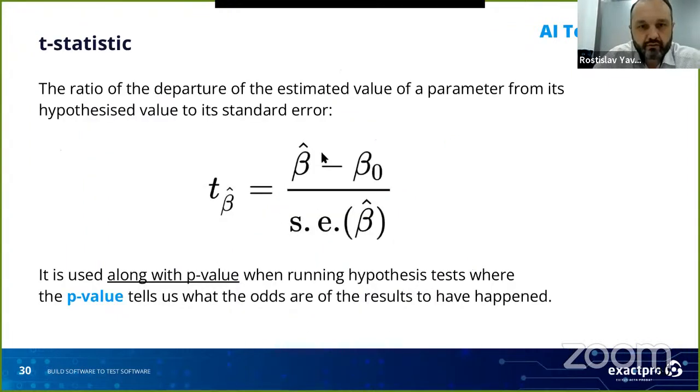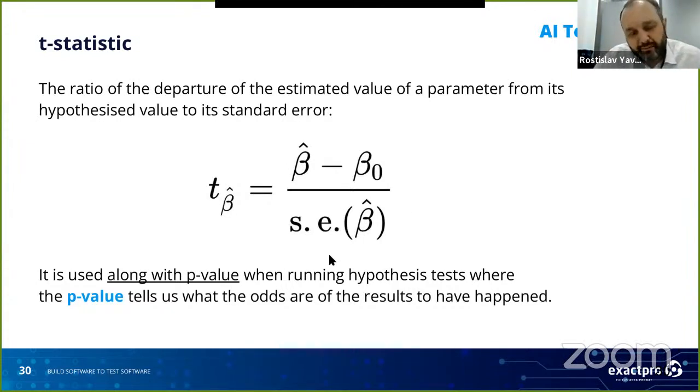So the estimated value is 22, the observed value is 25. Our observation differs from our prediction, the difference is 3. But sometimes 3 is something small, sometimes 3 is something big. So you need to normalize it with the standard error.